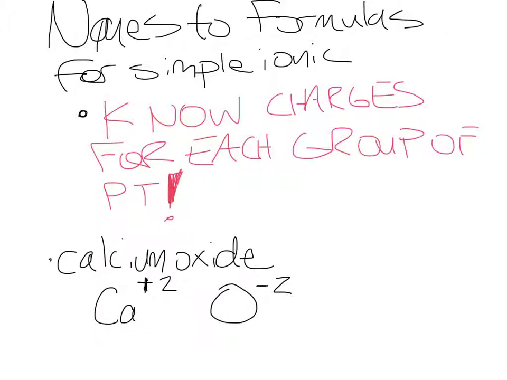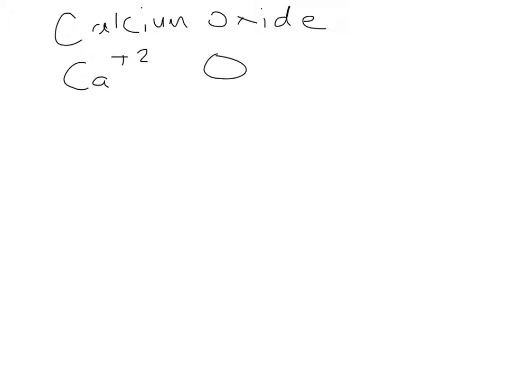Alright, so to get the formula, you're going to use what I like to call swap and drop. I'm running out of room on this page, so we'll just continue this on the next page. So, calcium oxide, Ca with a +2, O with a -2.